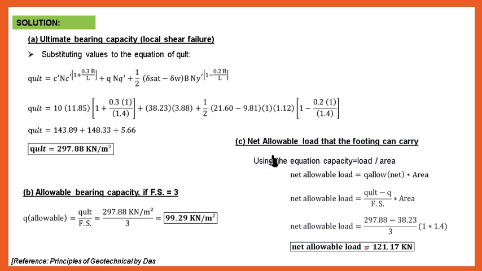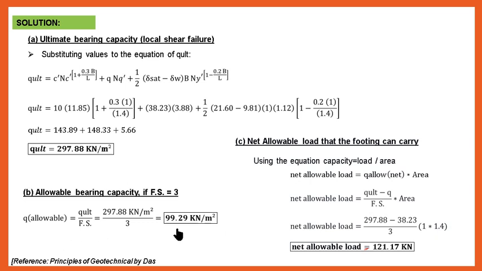And for the allowable load that the footing can carry, our net allowable load is equal to the net allowable bearing capacity times the area. So, how do we get our net allowable bearing capacity? That is equal to Q ultimate minus Q over Fs.